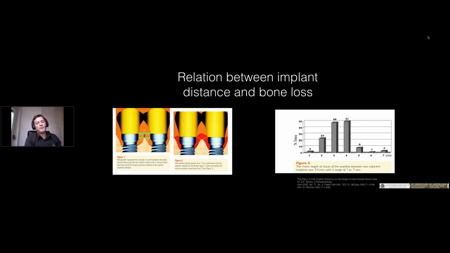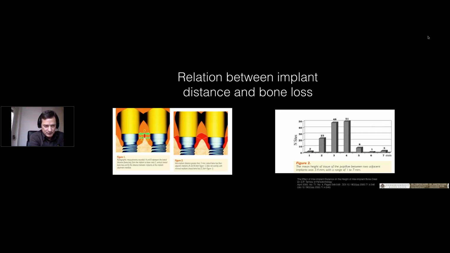So we have to change a little bit more, because if you're using one-piece implants, some manufacturers make one-piece, especially the ceramic manufacturers, it is totally different. This study shows us that if we have an implant range from one implant to another implant, 4 millimeters is perfect, not 3.